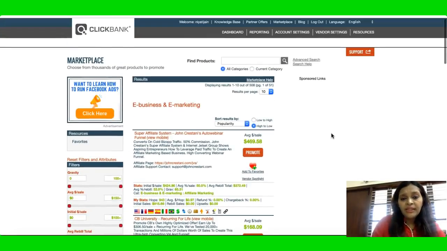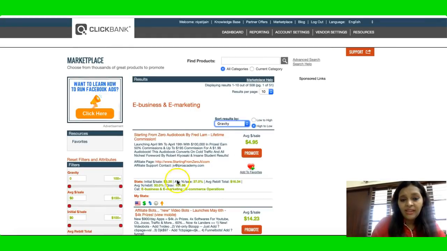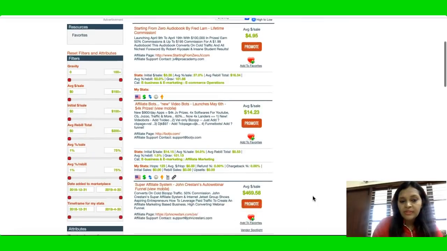Make sure their gravity is above 15. Okay, you can see here if the gravity is 100 and above, it means that there are many affiliates promoting this particular product. All right, so that is of course a boom.